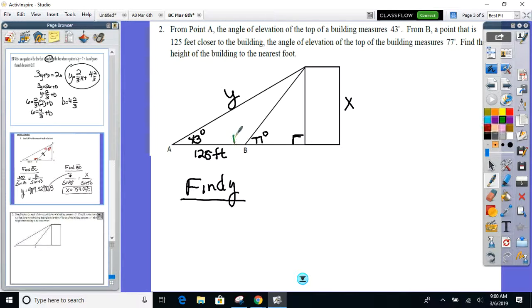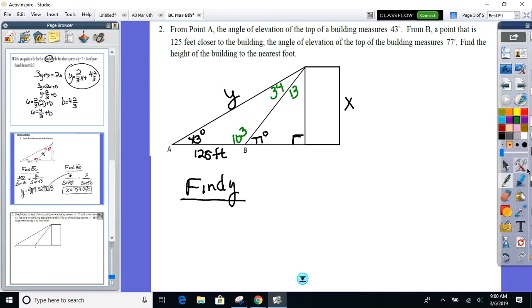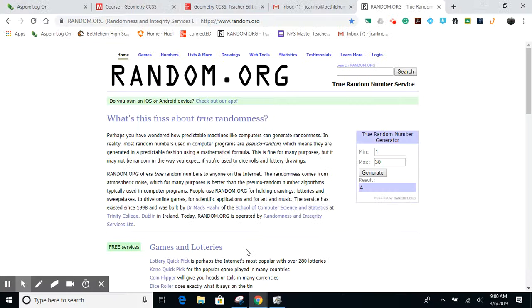103, I got 13, 34 up top. All right, looking good. All right, if we're going to find that side y, law of sines will do it. Can I ask somebody to set up the law of sines?